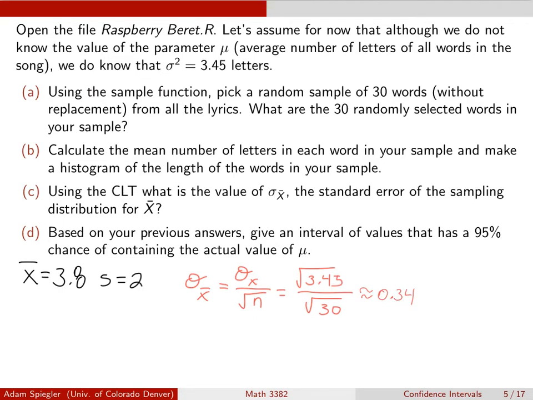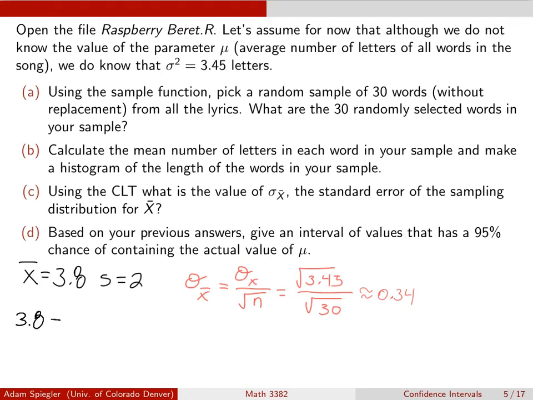Okay, and so lastly, part D, they're asking us to give an interval of values that's going to have a 95% chance of containing the actual value for the population mean mu. Okay, and so recall that if I go approximately 1.96 times the standard error below the sample mean, that's going to give me the lower cutoff for that interval.